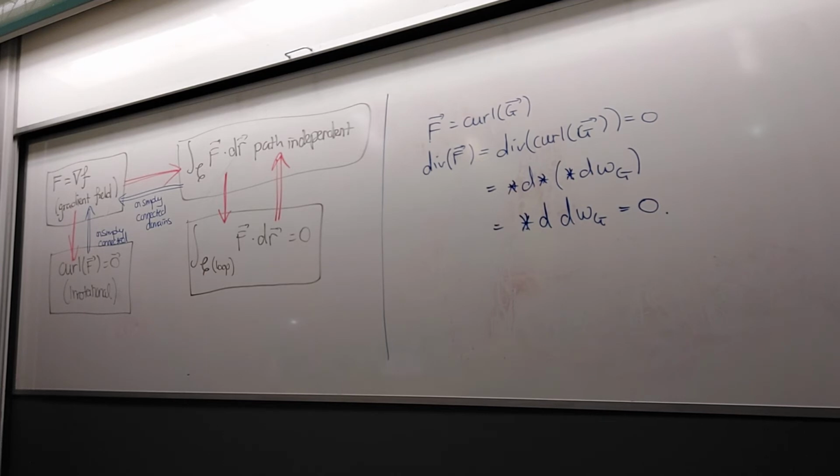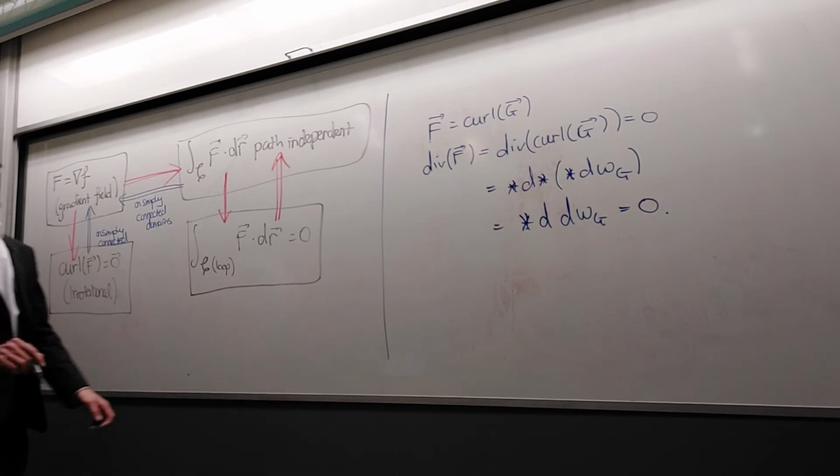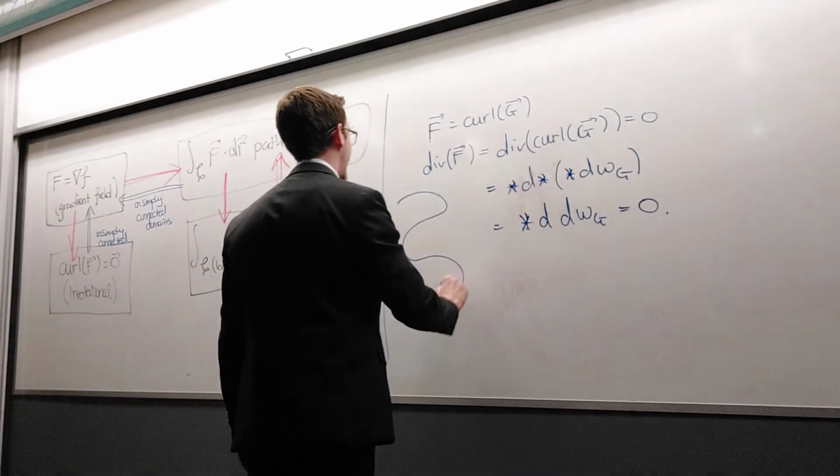100%. Is the intersection of simply connected domains simply connected? Yeah, it should be. You sure? No. No, it's not. You could literally take this one and intersect it with itself.